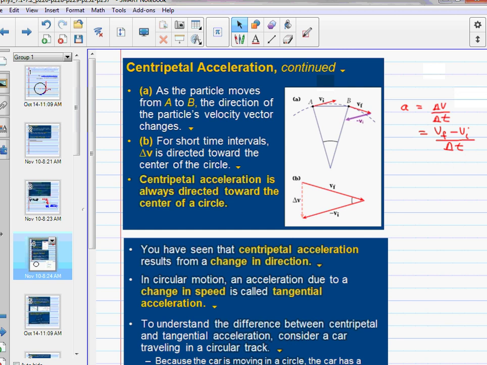And if I put them end to end, guess where the change is? Right there. If I go final minus initial, beginning to end, right there is my change in velocity. And that green arrow is pointed right at the center of that circle. So there's a vector representation of those things.